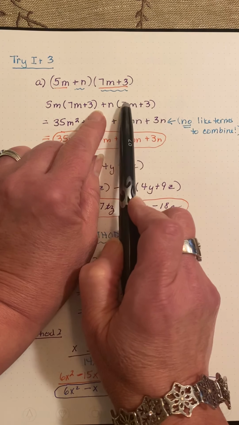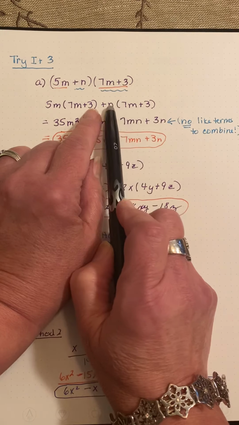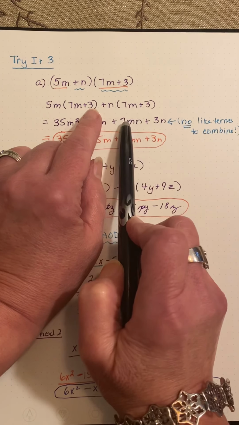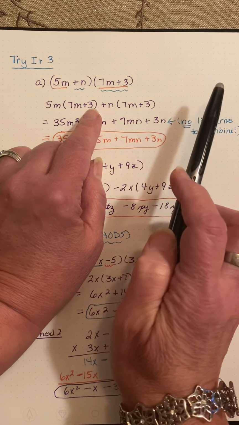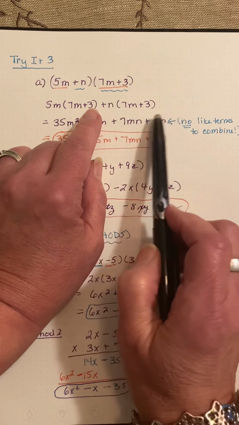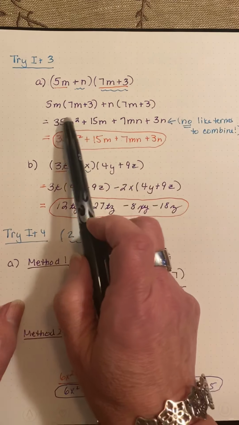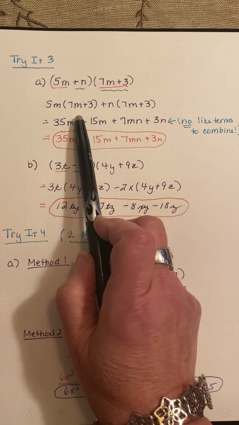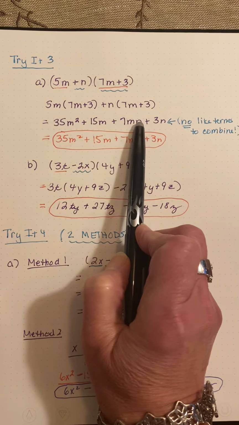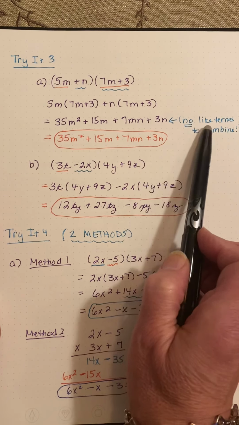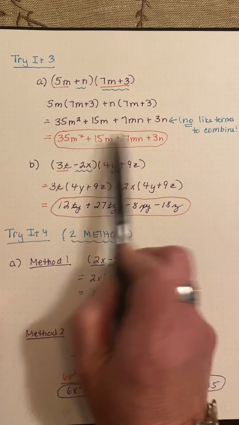So n times 7m, and it's just one of them. So 1 times 7 is 7, but now I need an m and an n. It's the only way I can write it. And then n times 3 is 3n. If you look here, I have an m to the second, a plain m, an mn, and an n. There are no like terms to combine here, so that's my answer.